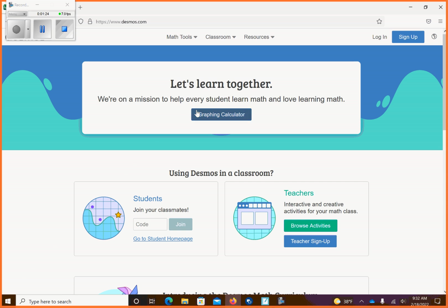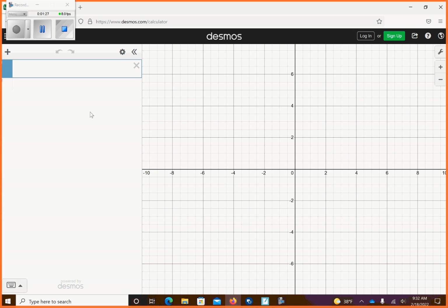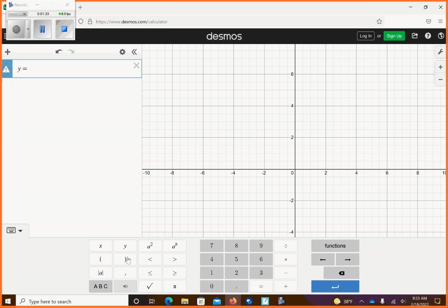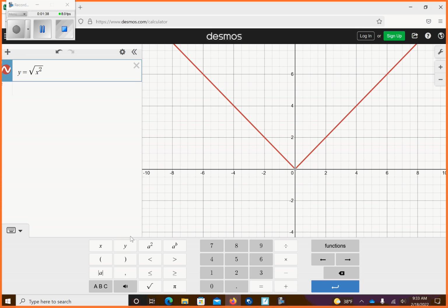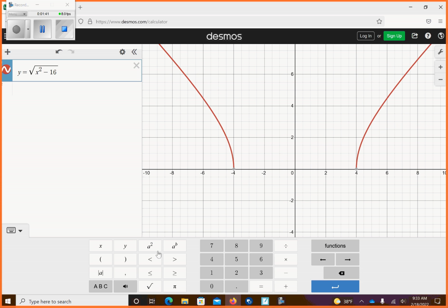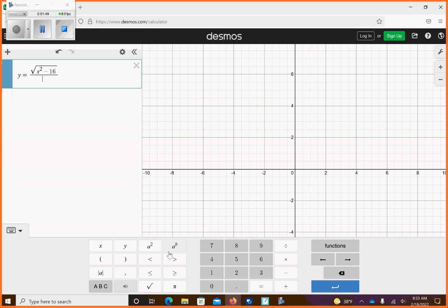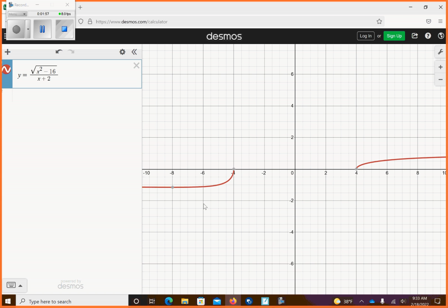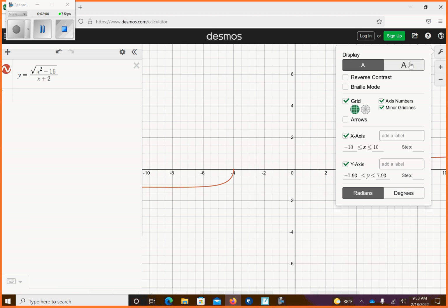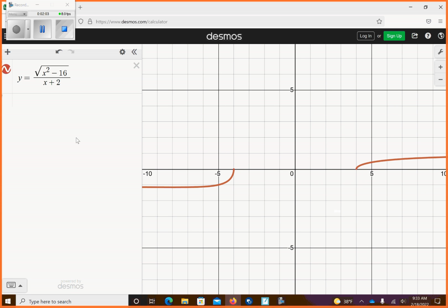I'm just going to graph y equals the square root of x squared minus 16, and then this whole thing is over x plus 2. So you're seeing, for the most part, the entire graph. It's going to keep going forever to the left and forever to the right.